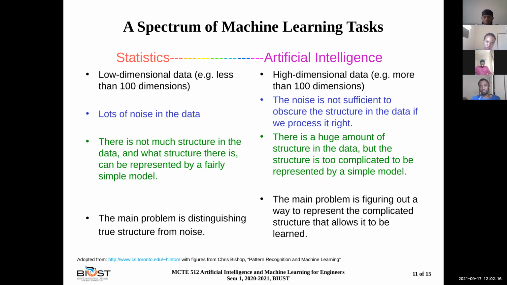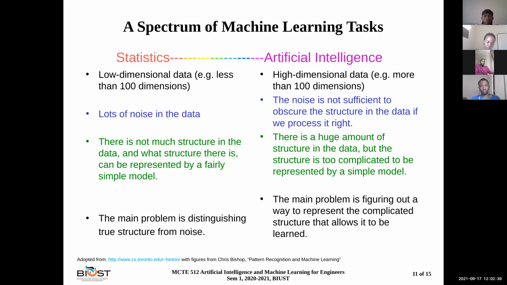There's not much structure in the data for statistics, and what structure there is can be represented by a fairly simple model. But in machine learning or artificial intelligence, there's a huge amount of structure in the data. But the structure can be too complicated for a simple model.